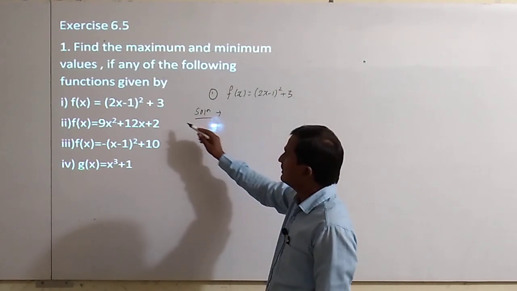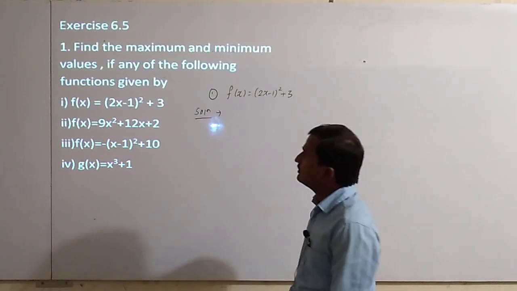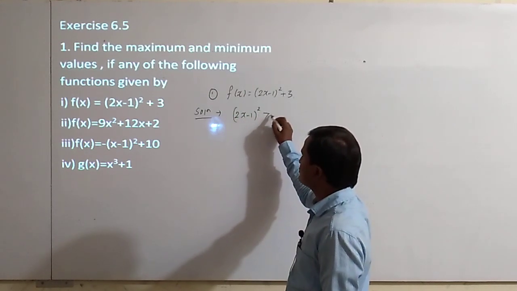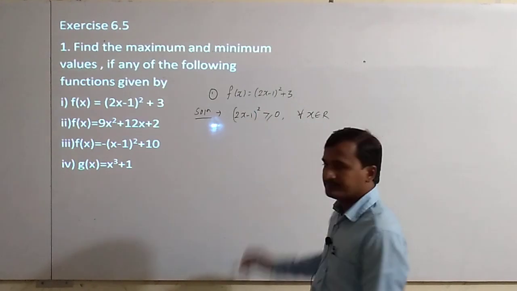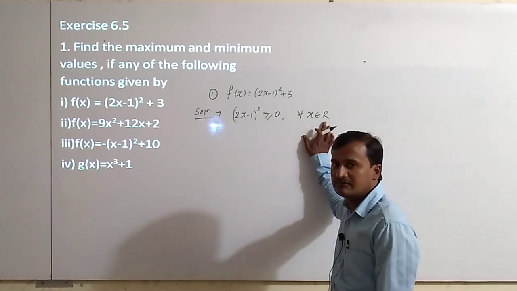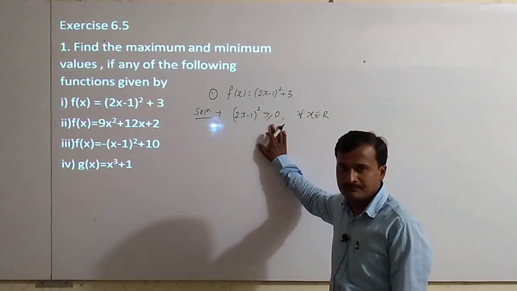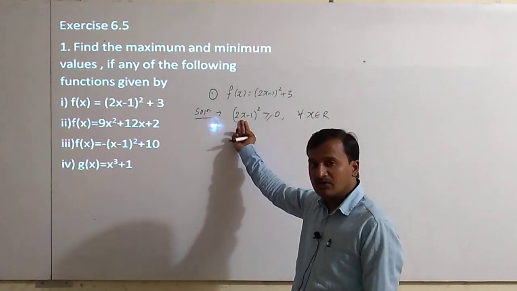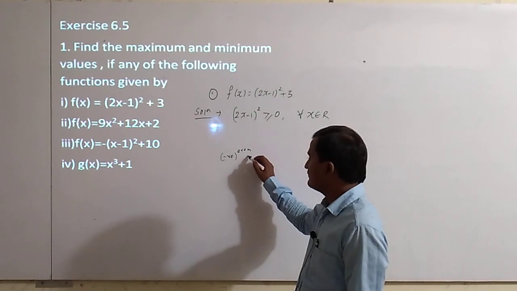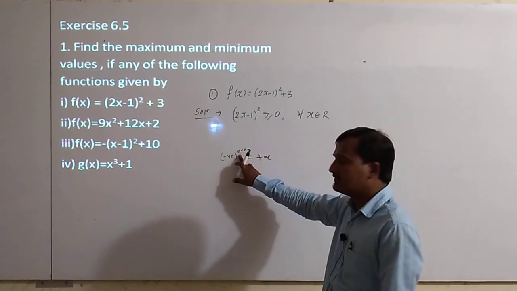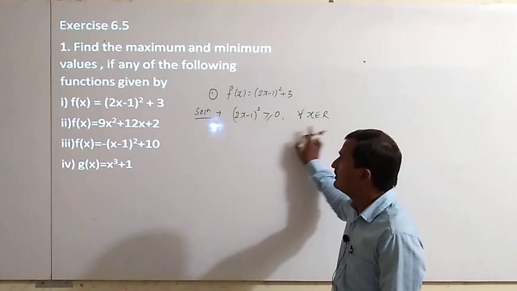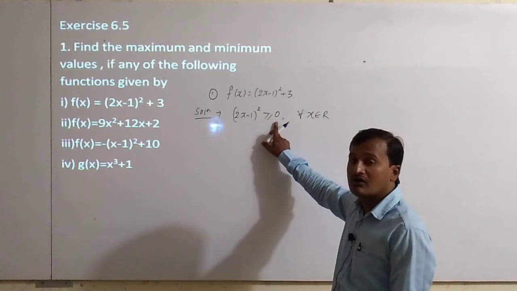For f of x equal to 2x minus 1 whole square plus 3, the term 2x minus 1 whole square is always more than or equal to 0 for all x belongs to R. If x is a real number, then this term is always more than or equal to 0, because if the bracket gives a negative number, the power is even, and a negative number to an even power gives a positive number only. So for all x belongs to R, 2x minus 1 whole square is always more than or equal to 0.